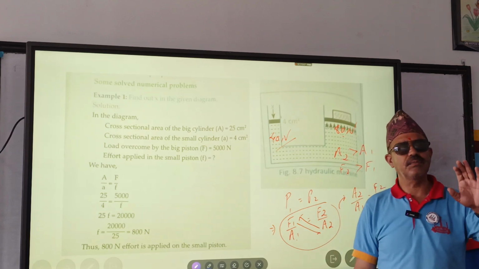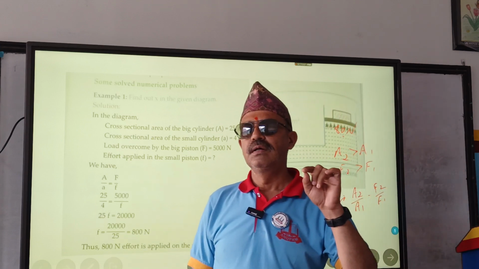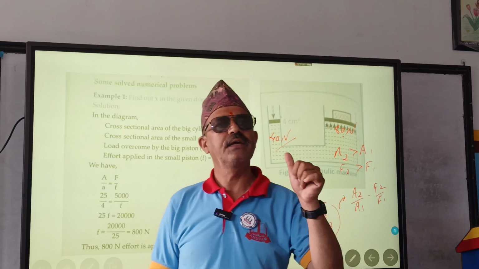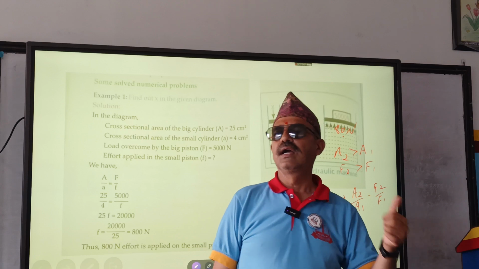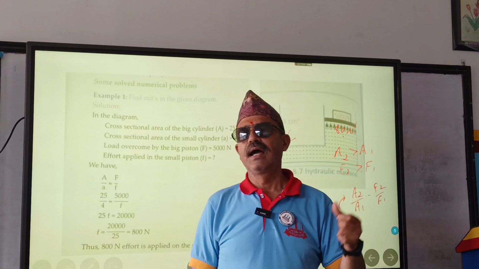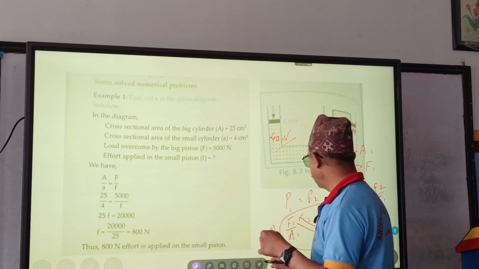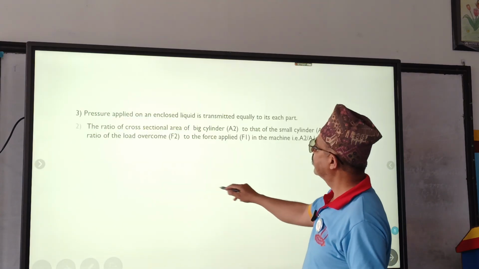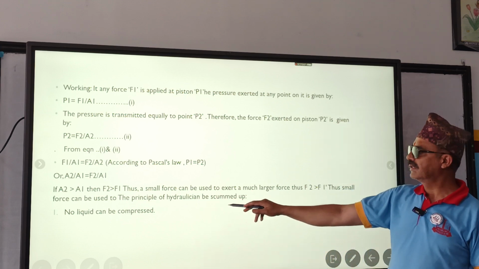Yesterday we discussed applications of Pascal's law. Where is Pascal's law used? Hydraulic brakes, hydraulic press, hydraulic cranes, hydraulic garage lift, etc. Here you have to remember the principle of hydraulic machine. What is that?